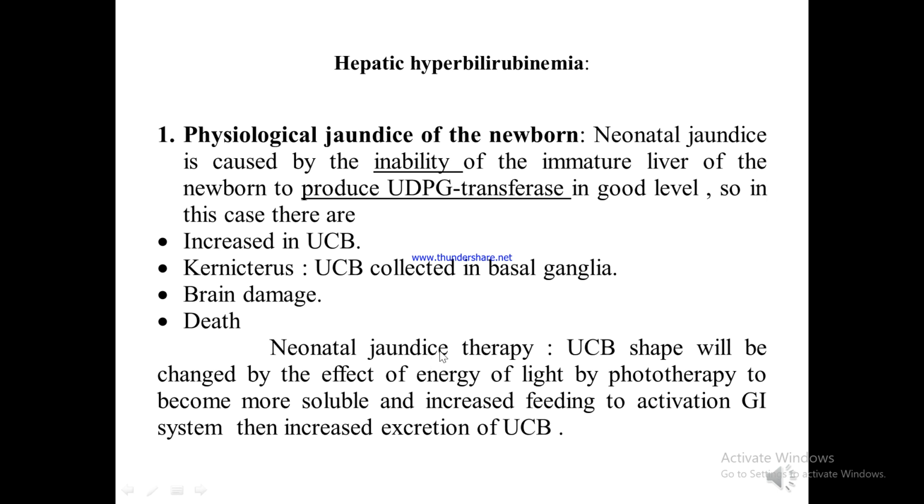Neonatal jaundice therapy. It depends upon 2 points: phototherapy and activation of the GI system.